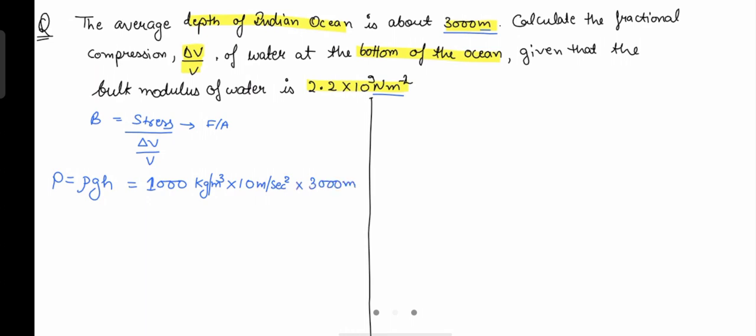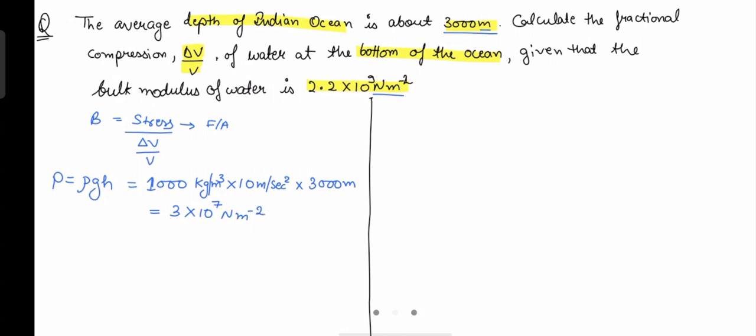Now when you solve it, you get 3 into 10 power 7, and it is pressure, so you can write the unit as Pascal, or simply Newton per meter square. This is our pressure value.